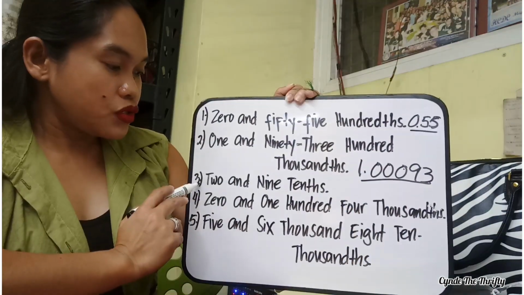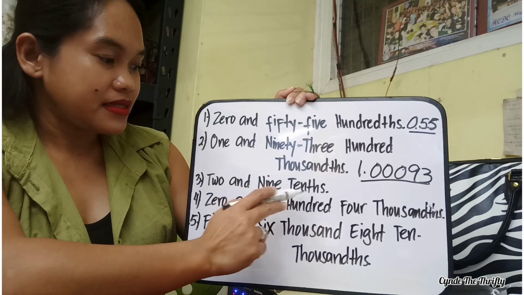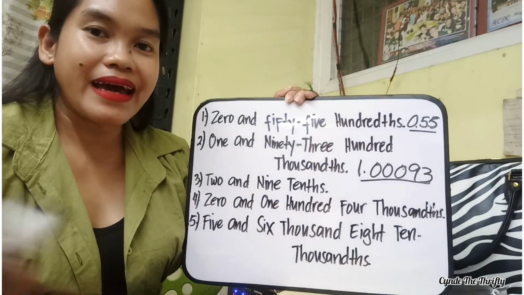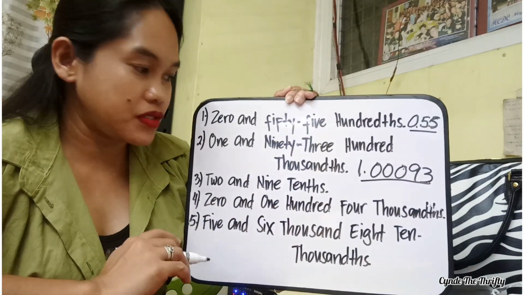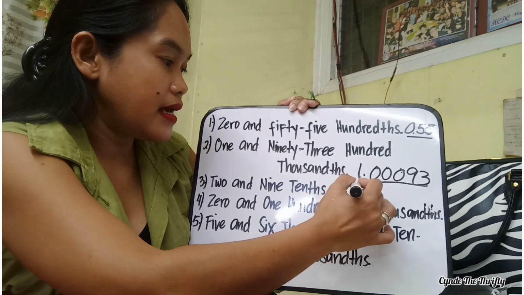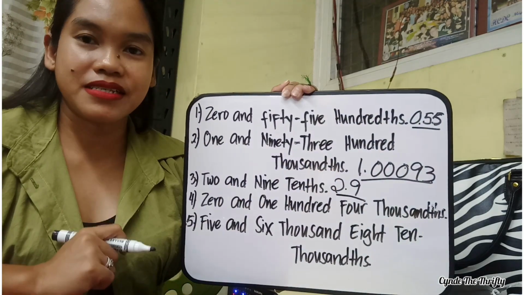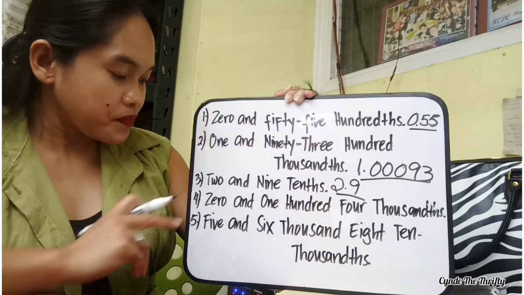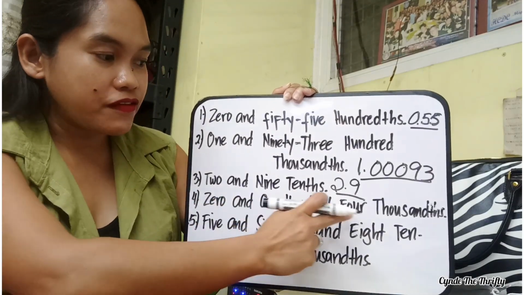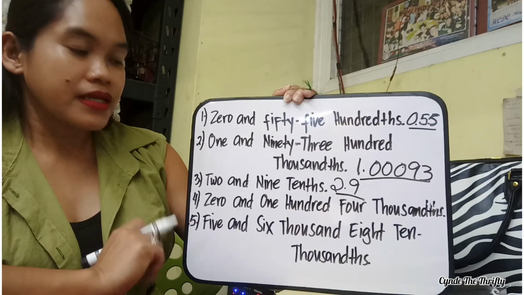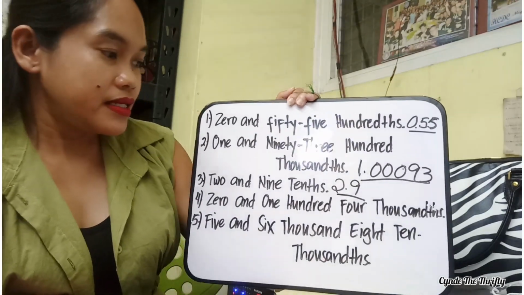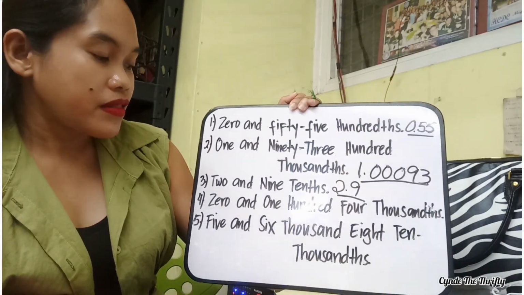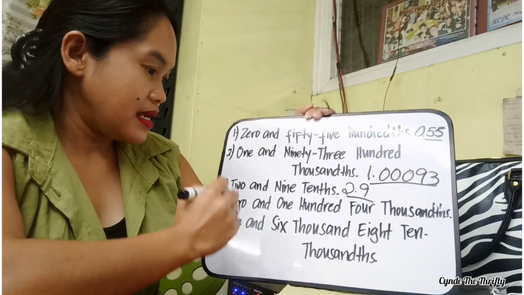Number 3, 2 and 9 tenths. Si 9 nasa tenths place. So, 2.9. Kita pa ba? Number 4, 0 and 104 thousandths. Dito natin ilalagay si 4.